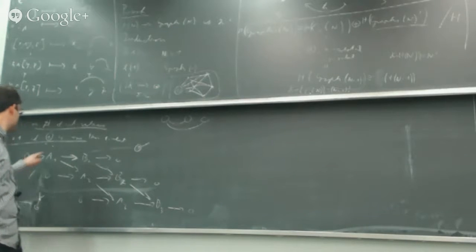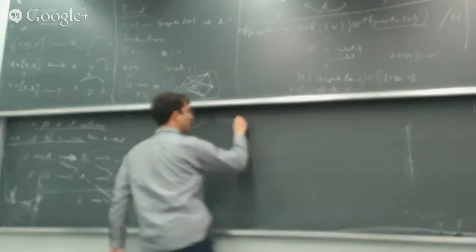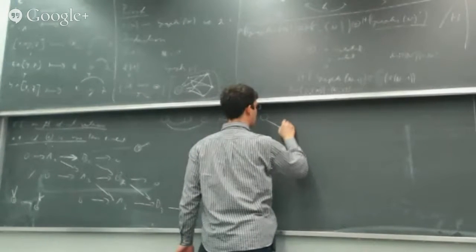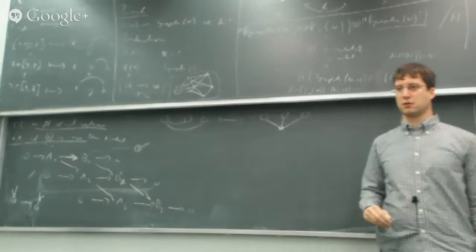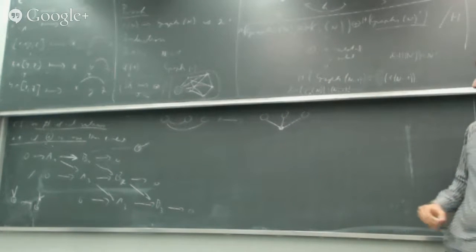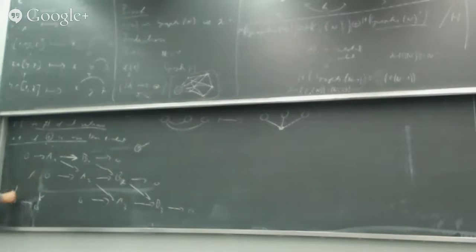And this map maps it to B1, which is this. On the first line, I only see this extracting from one internal vertex.